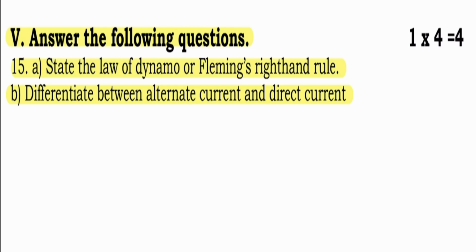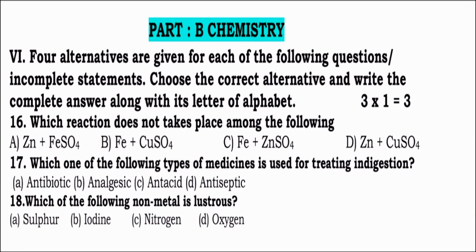Whereas direct current flows in a single and constant direction. The voltage remains constant and does not vary over time. So direct current is less efficient for long distance transmission and it requires conversion into alternating current for efficient transmission.